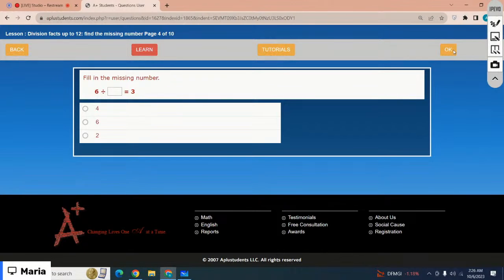Okay, fill in the missing number. 6 divided by what number equals 3? Which is the correct option?